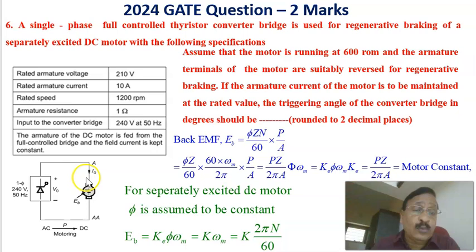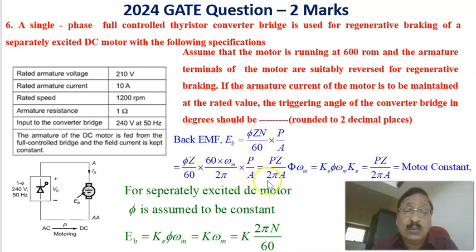For a DC motor, the basic equation for the back EMF is given by EB equal to phi Z n divided by 60 into P by A. You know that equation. For n, I can replace it with omega m equal to 2 pi n by 60, or n equal to 60 into omega m divided by 2 pi.